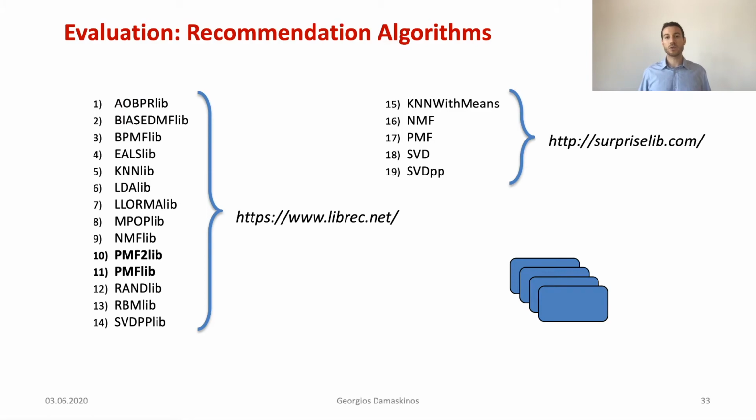To estimate that, we select a corpus of 19 recommendation algorithms from two popular open source libraries. And here in bold, we denote two instances of the same algorithm, PMF lib and PMF2 lib, which use different configurations. Therefore, we highlight the fact that not only do we have a plethora of recommendation algorithms, but also multiple ways to parameterize them.